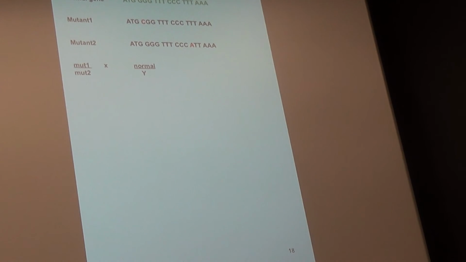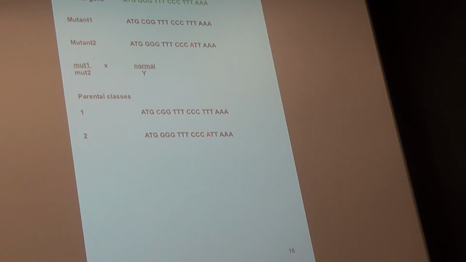So we took a fly that was mutant 1, mutant 2, crossed to WY. The parental classes, the first parental class was this allele, ATG, CGG, TGG, etc. The second parental class was this sequence here, ATG, TGG, TGG, CCC, ATG, AAA.